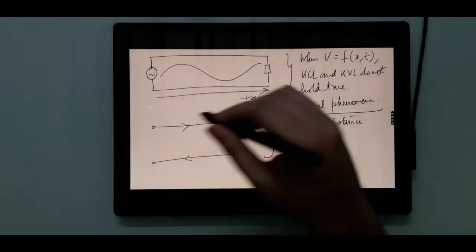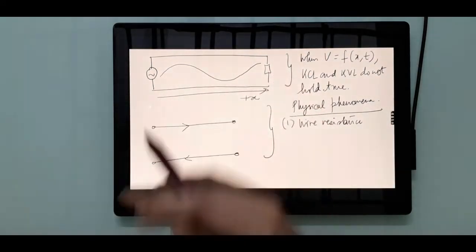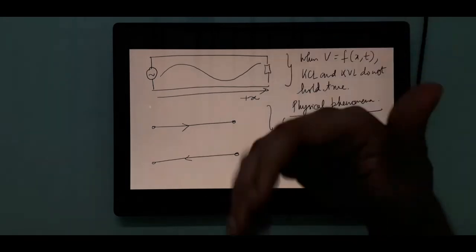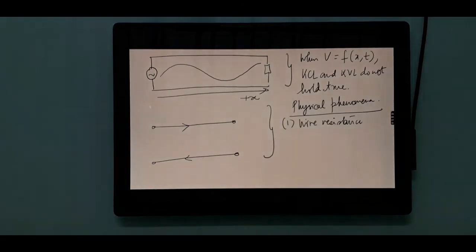So, what was the law stated by Ørsted and Ampere? That a current carrying conductor always generates a magnetic field around it. And if you recall, the direction of that magnetic field is given by the right hand thumb rule.